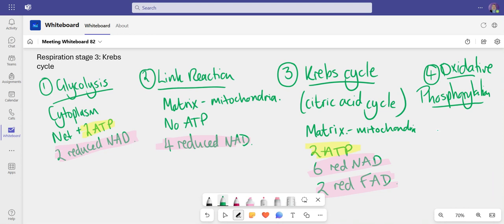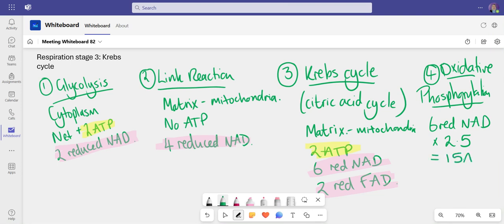Now, one reduced NAD can produce approximately 2.5 molecules of ATP when it gets to oxidative phosphorylation. So we've got 2 plus 4 plus 6 reduced NADs coming in, times that by 2.5, because each one gives us approximately 2.5 ATP molecules as it goes through oxidative phosphorylation. So 6 times 2 is 12, half of 6 is 3, so 15.